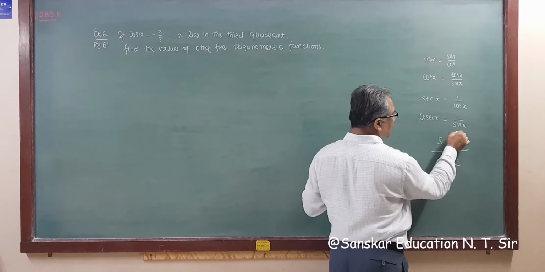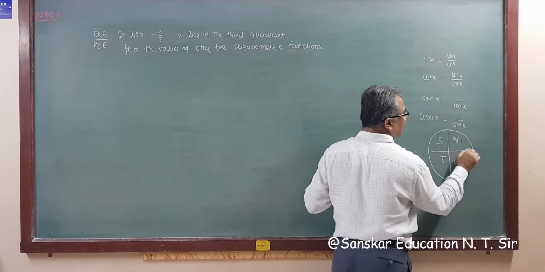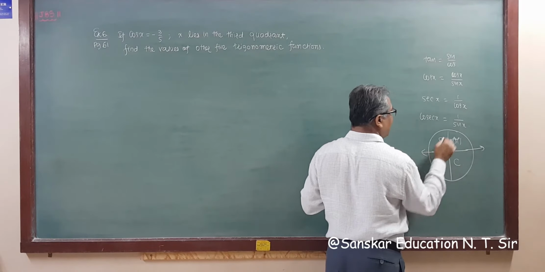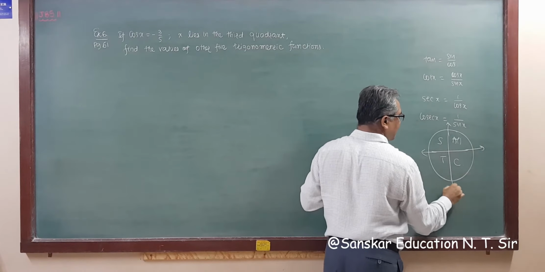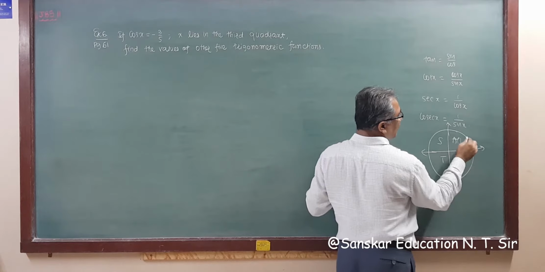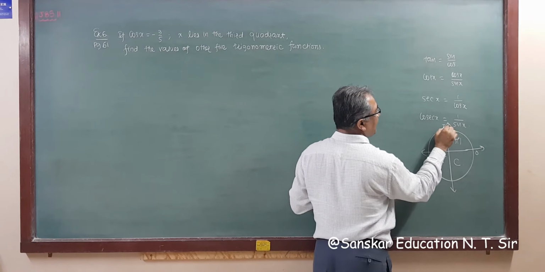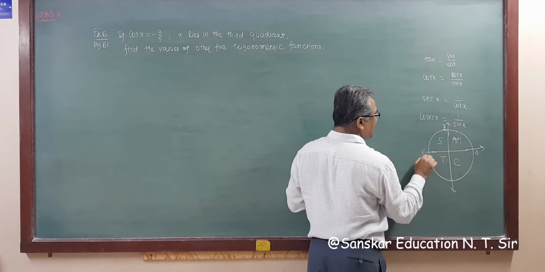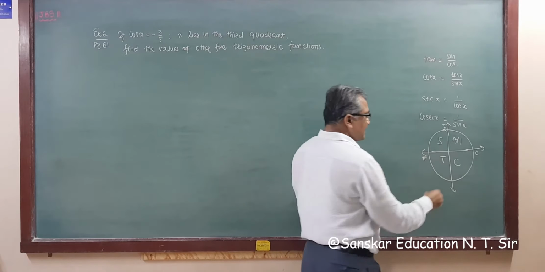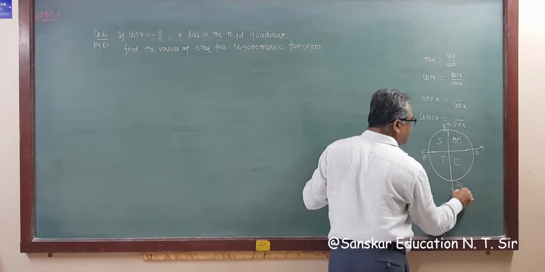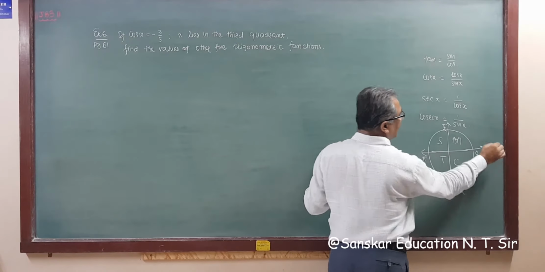Now this first quadrant is 0 to, now I am completing this unit circle. So this is 0. If we go anti-clockwise, this is pi by 2. I am not writing the 'p', I am writing simply angle pi. This is 3 pi by 2, and this is 2 pi, right? This is angle, right?